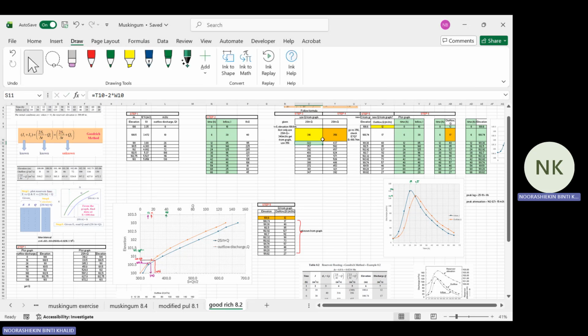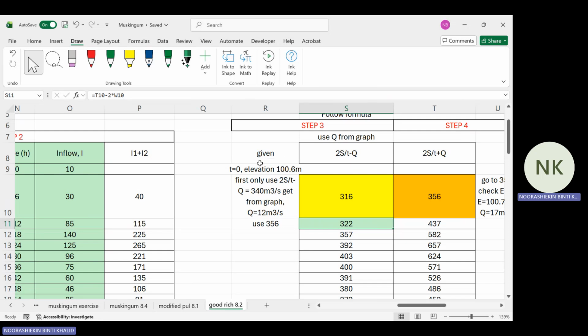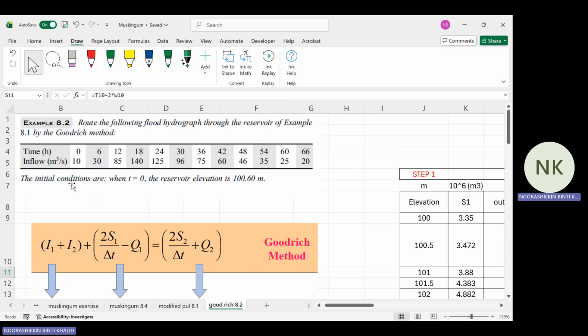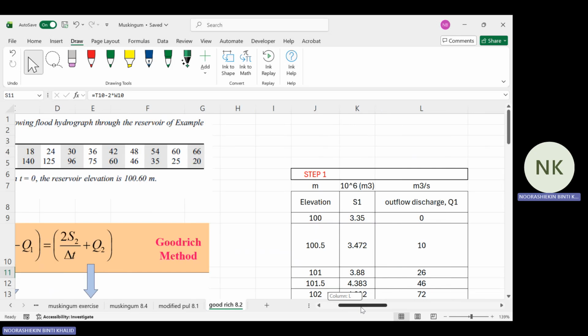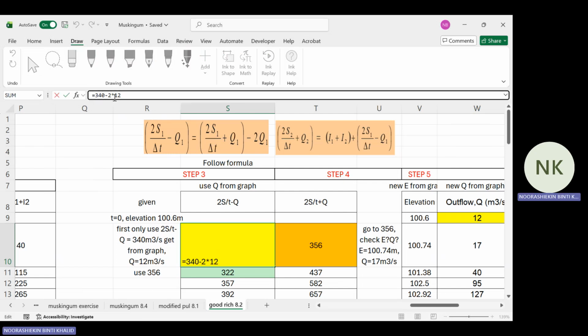Stated here, given T equal to 0, elevation 100.6. So first we use 2S over T plus Q is equal to 340. The initial condition when T equal to 0, reservoir elevation 100.6. So that is why here 100.6. Okay, so I got 2S over T plus Q 340 minus 2Q1.